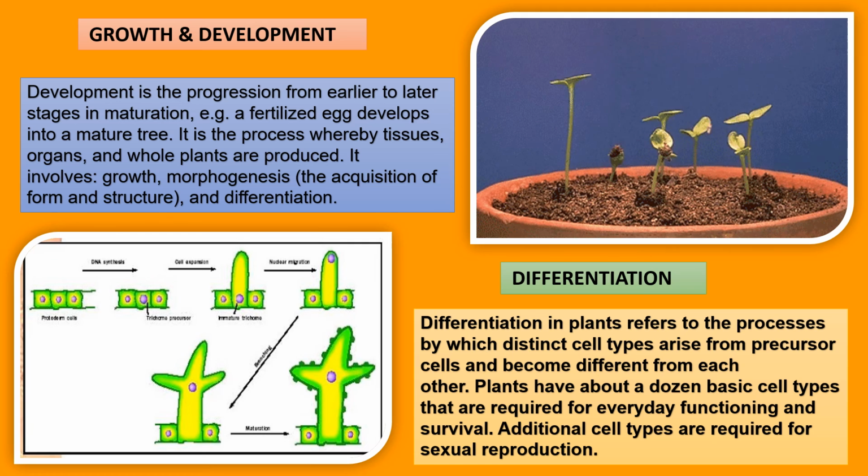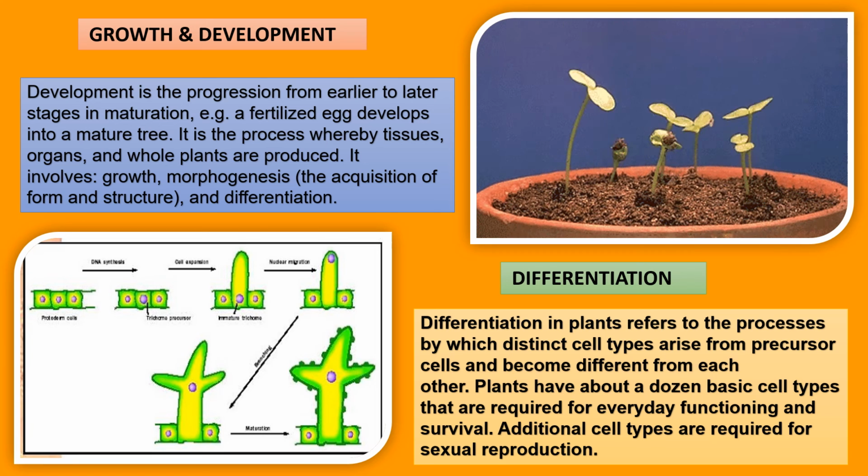So hope you have understood the basic difference between growth and development. First a plant develops, then growth phase happens. Please see the diagram, you can understand actually. First it is developing, then the growth phase is started.